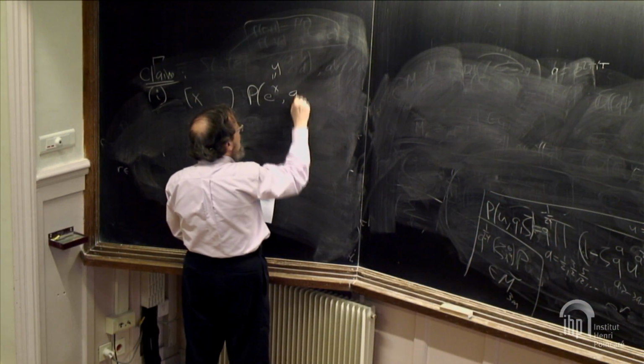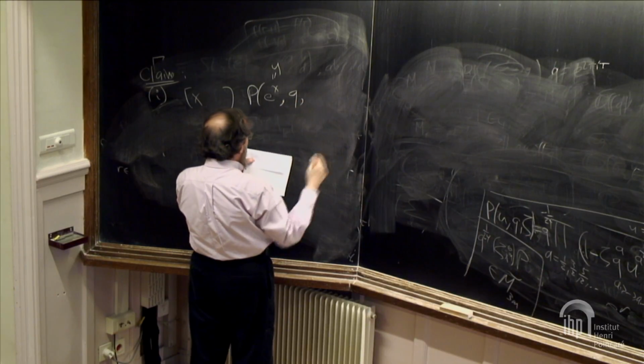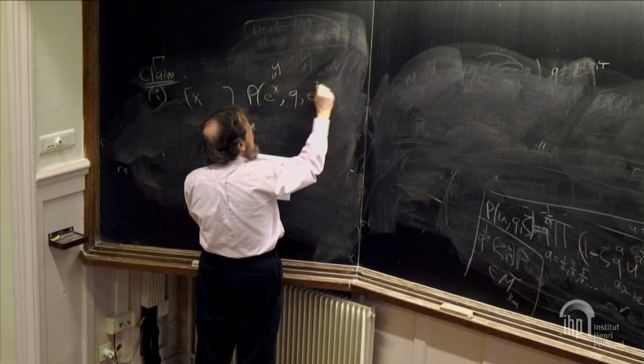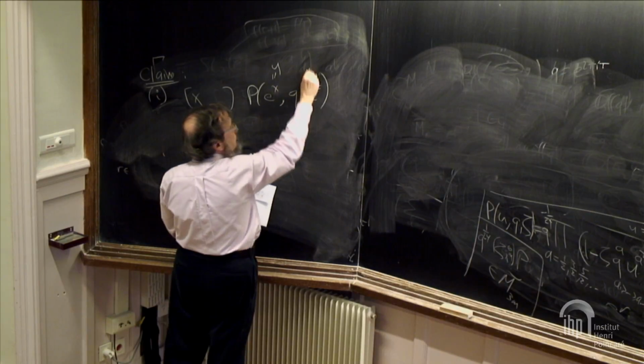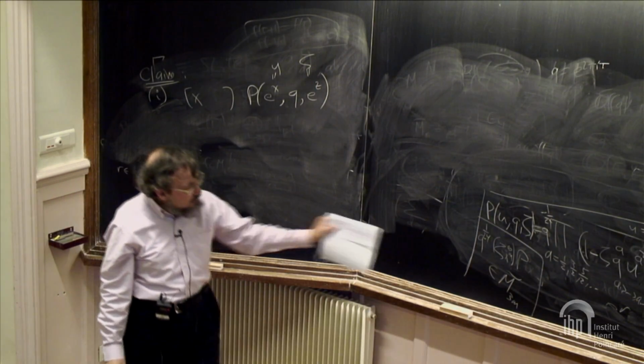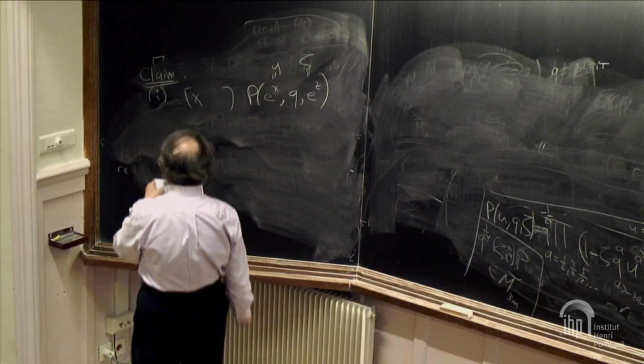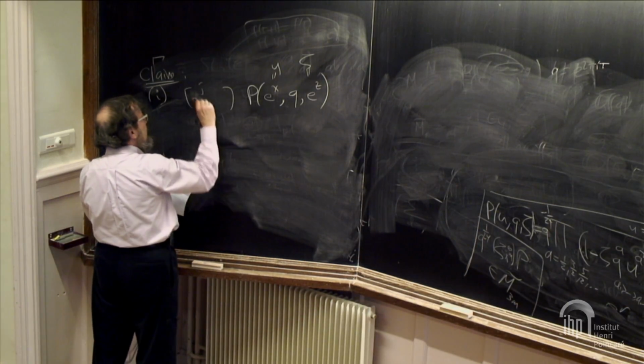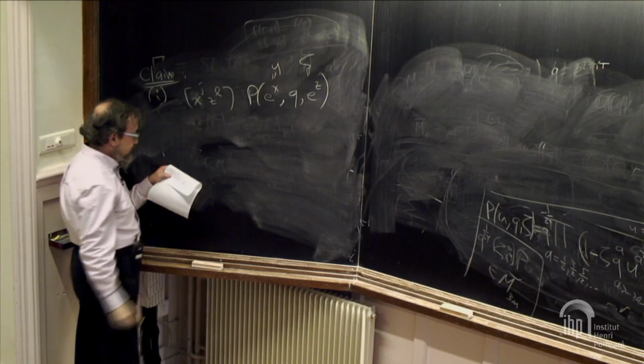The q will just be q for the moment. It could be e to the 2 pi tau. And the last one, zeta, I'm going to write as e to the z. Of course, it's a power series then in x and in z. So I can talk about the coefficient of x to the j, z to the l.